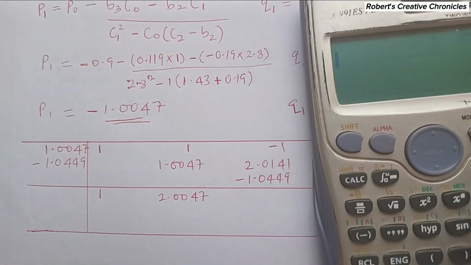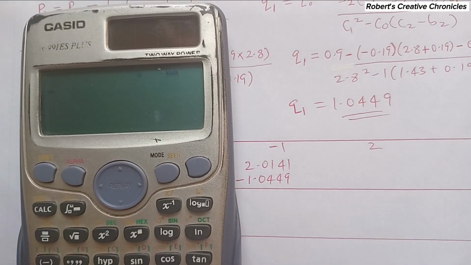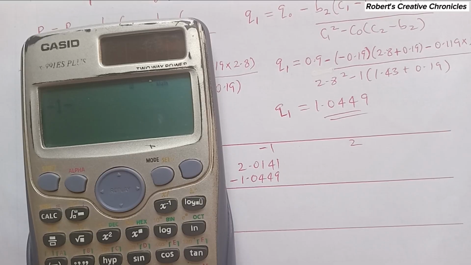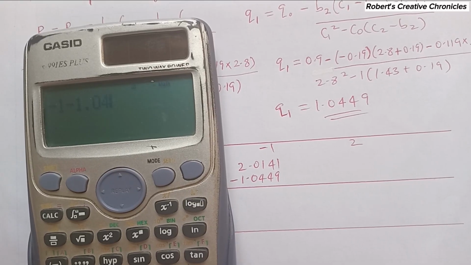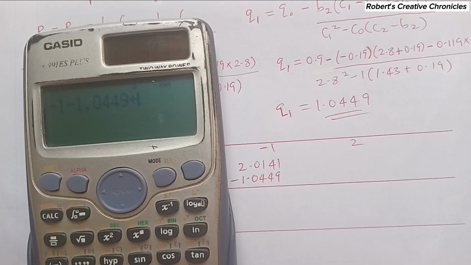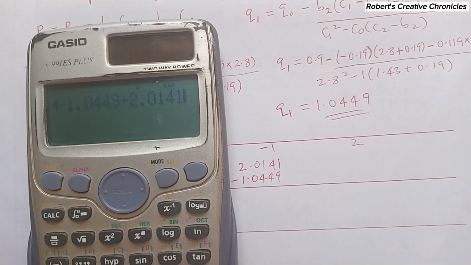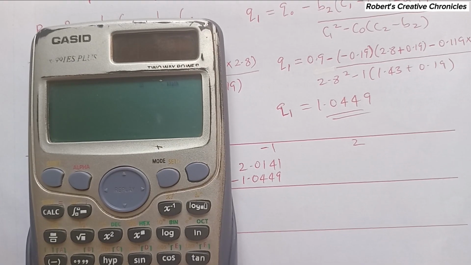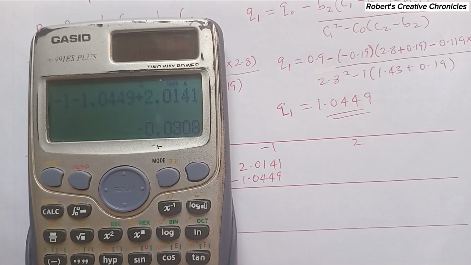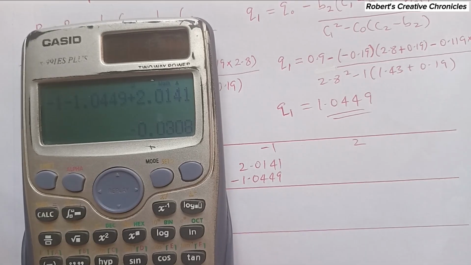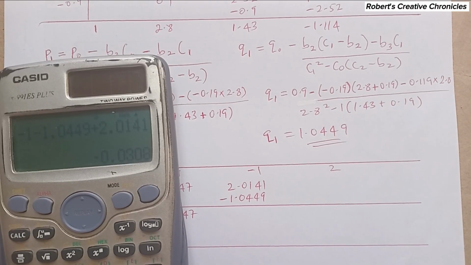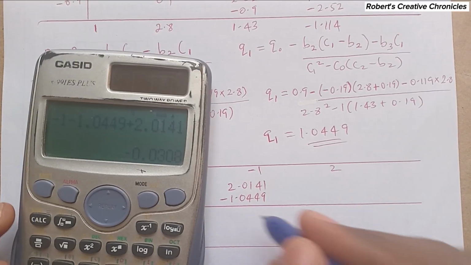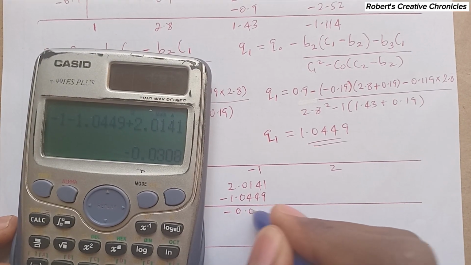Then you add everything. This negative 1, negative 1.0449 plus 2.0141. Well, this is negative 0.0308. So this is negative 0.0308.